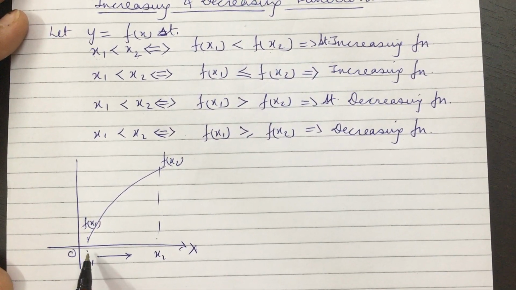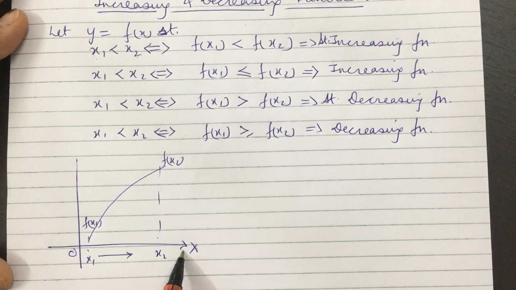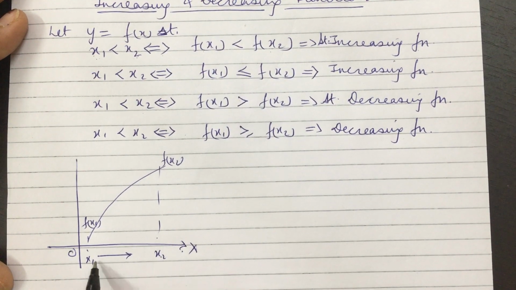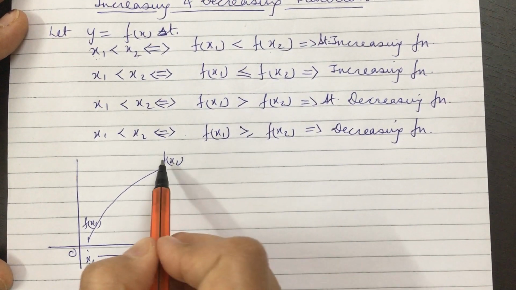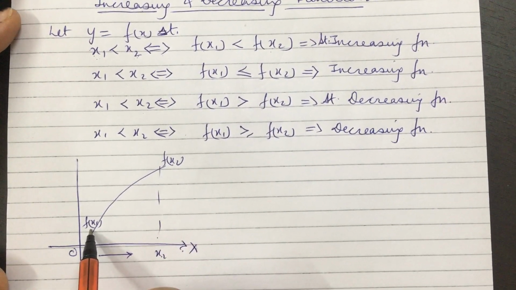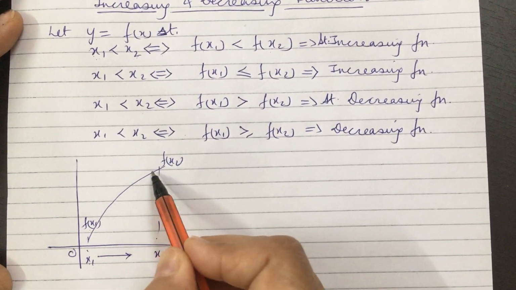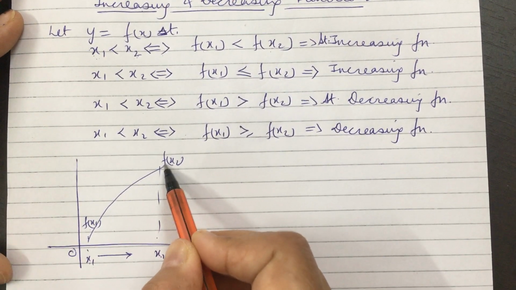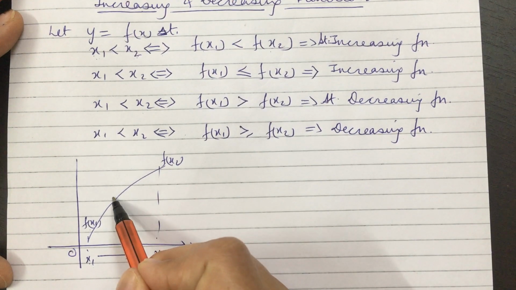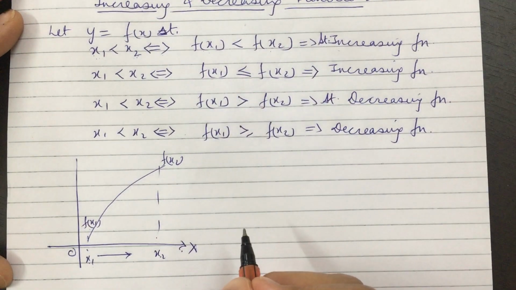When x2 is more than x1, we see that f(x2) is more than f(x1), and clearly the graph is increasing. Such a function is called a strictly increasing function.